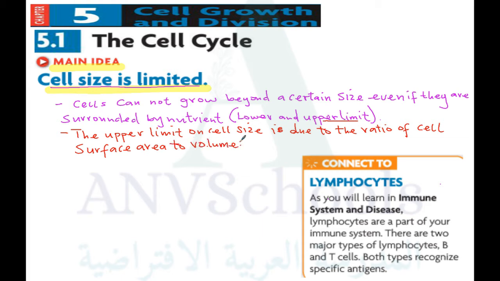So the cell surface area to volume ratio determines how big a cell will grow.